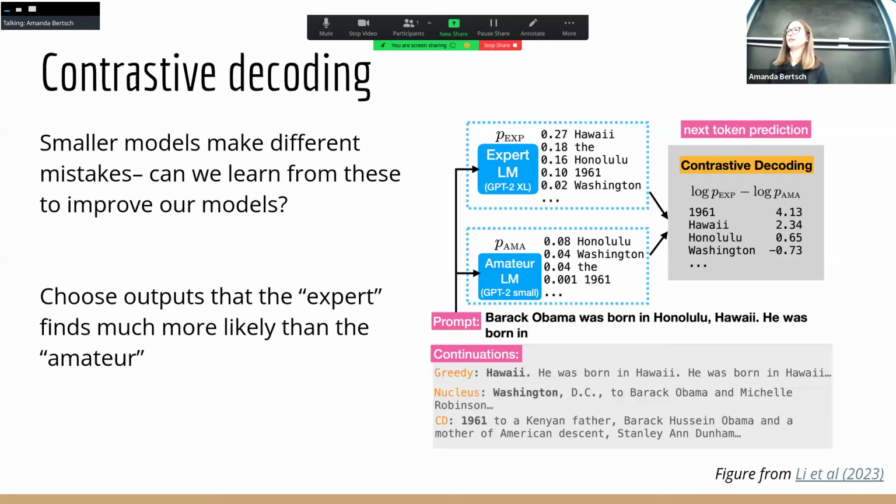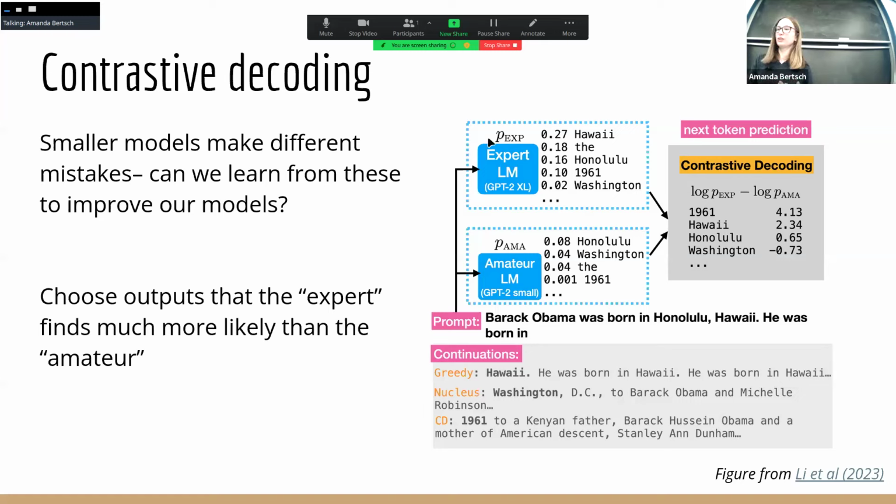If you're generating a longer sequence with this contrastive decoding, how do you know which step you want to bring in the expert output? Yeah, this is a great question. So if you're doing contrastive decoding over a really long sequence, when do you choose to bring in the expert, right?